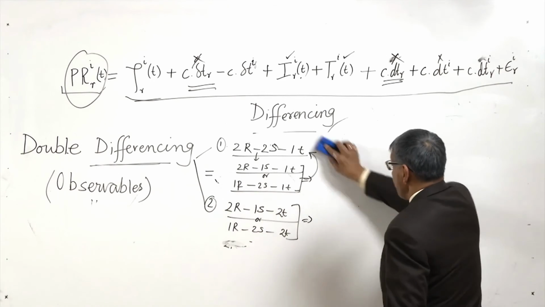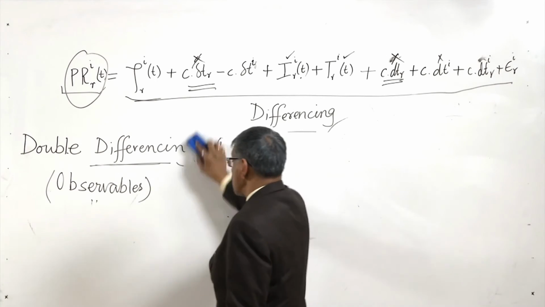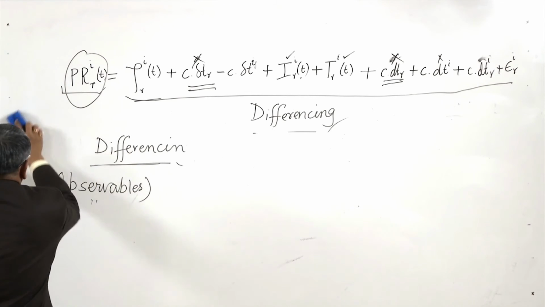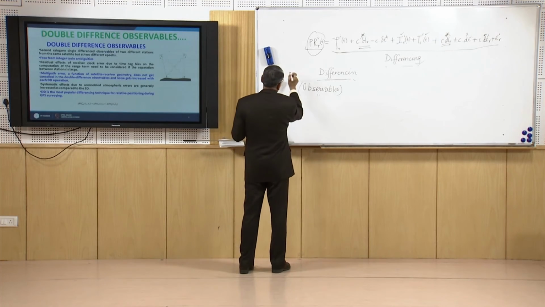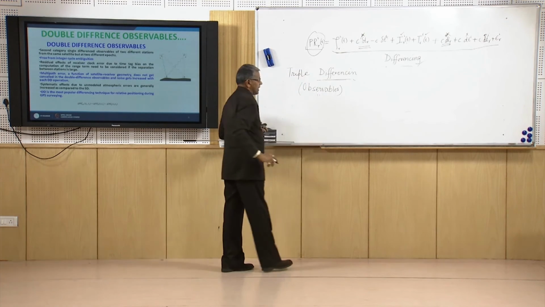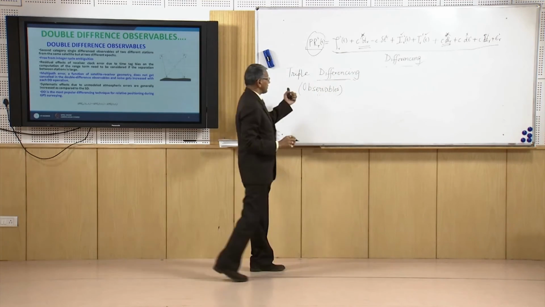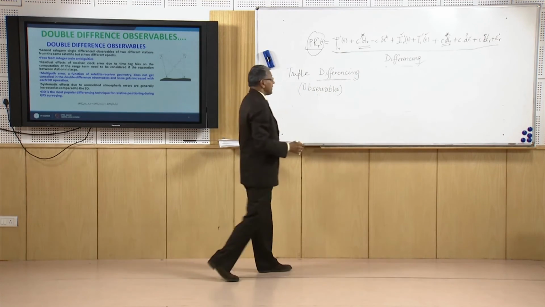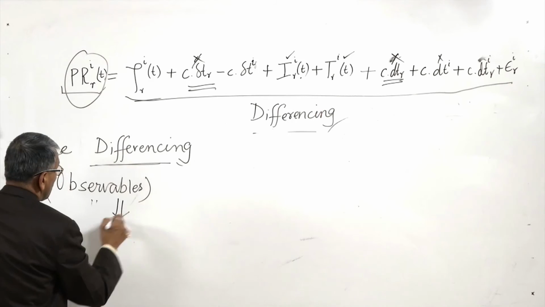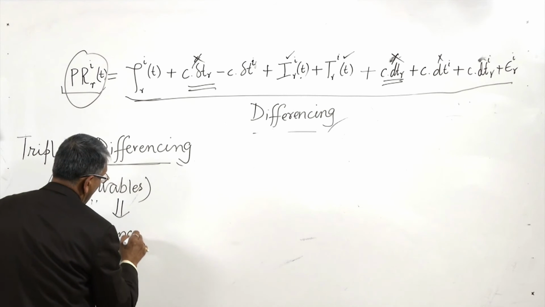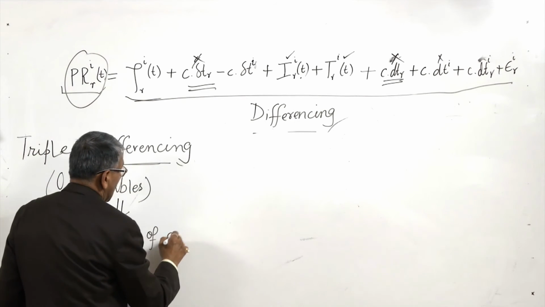And another kind which is also available is called the triple differencing observable. Now, from the name itself you can understand triple difference, the difference of double differences.